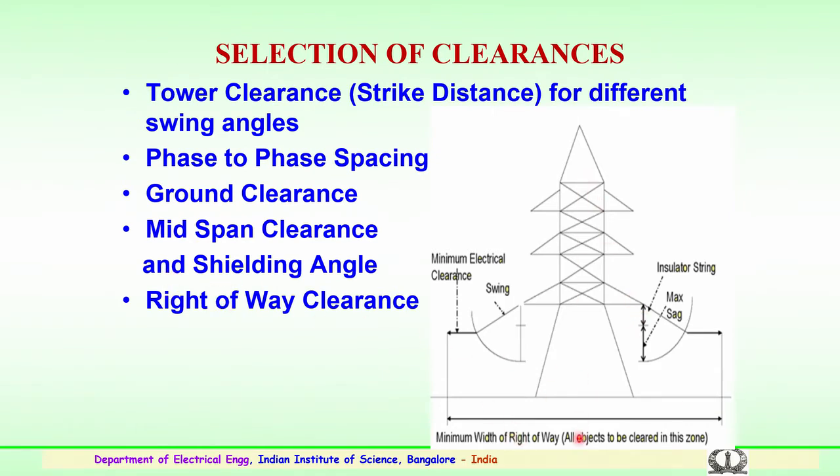So, from the midpoint of the tower to either side, what is the minimum clearance estimated, including the length of the insulator string, the swing angle, and the total minimum electrical clearances that have to be maintained. So, these have to be added for any voltages which are to be used in the transmission.